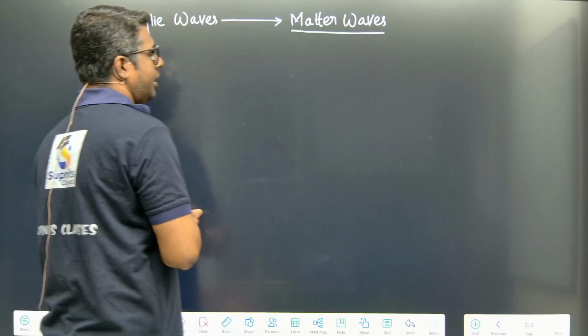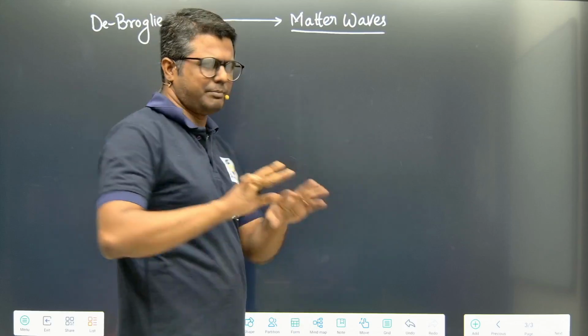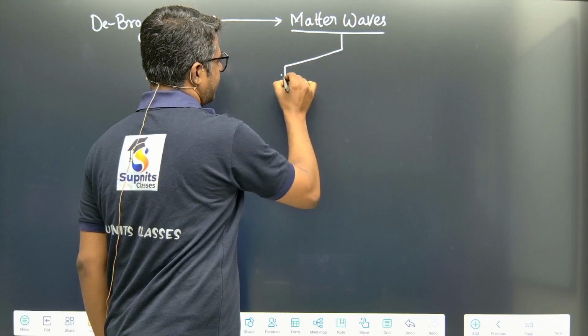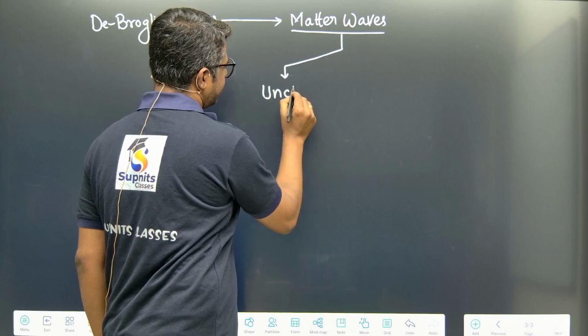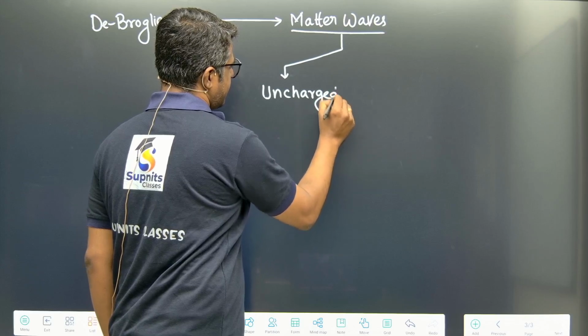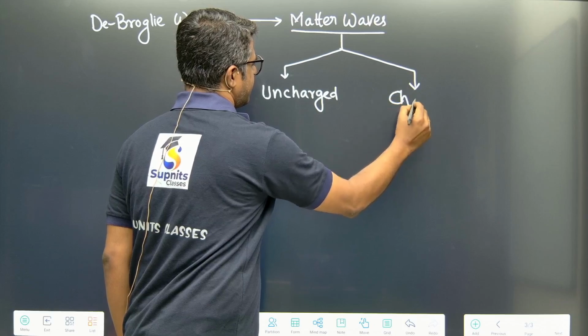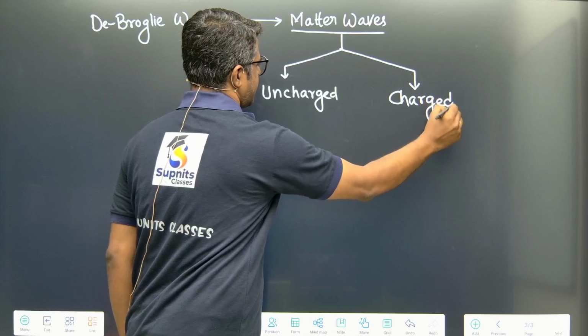Now when I'm talking about matter waves, there can be two kinds. One is that this matter can be uncharged, another is that this matter can be charged.